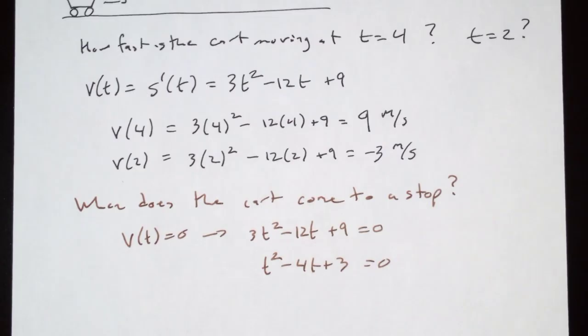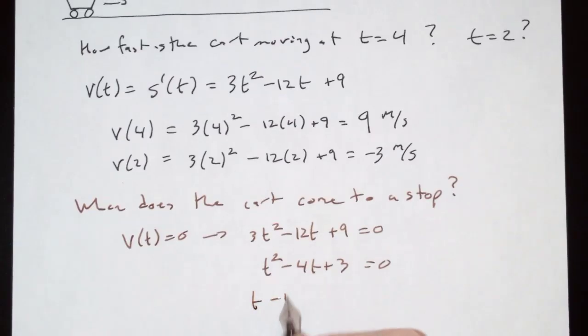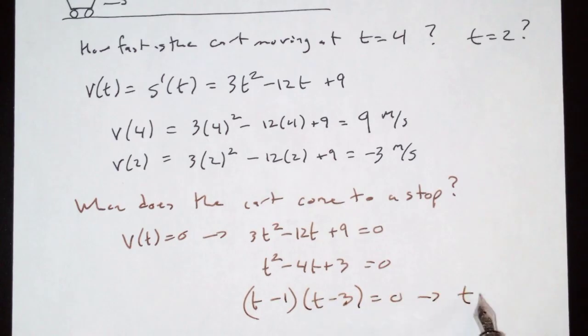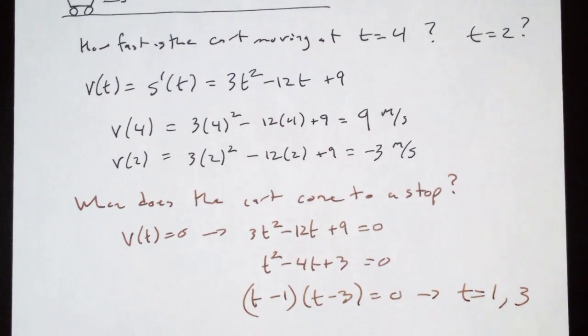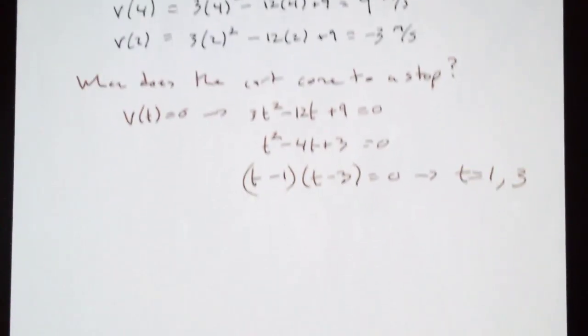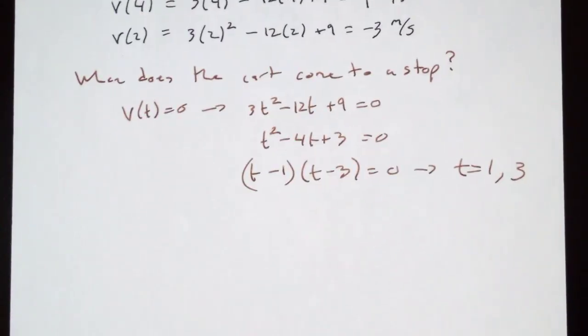And is it? Yeah. I get 1 and 3. T minus 1, t minus 3 factors this. So I came to a stop at 1 second and at 3 seconds.